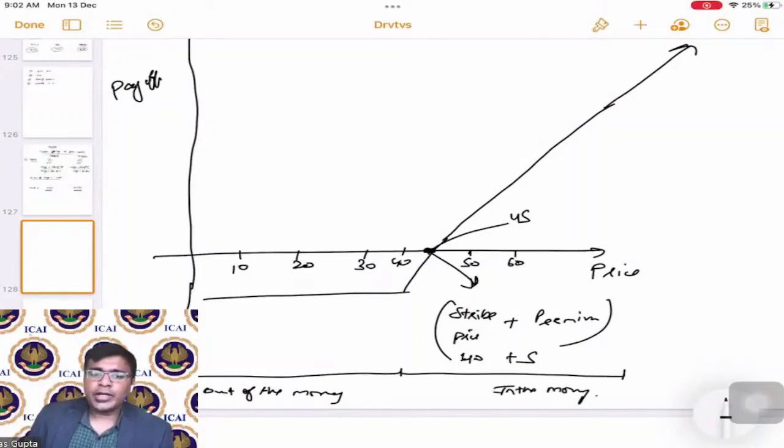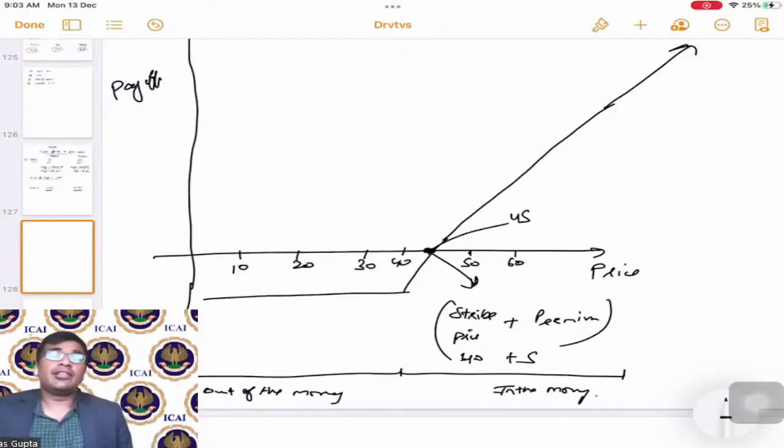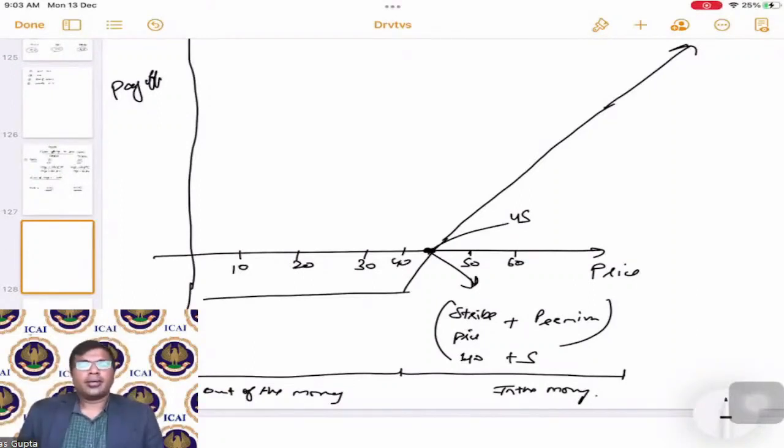Now, in this, would it be right to say that till the option is out of the money, any change in spot price will not have any impact on the valuation, right? Any change in spot price. Now, let's say the spot price from 10 we have changed to 20.